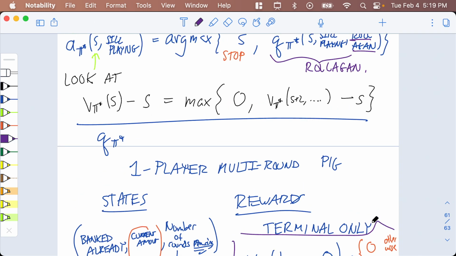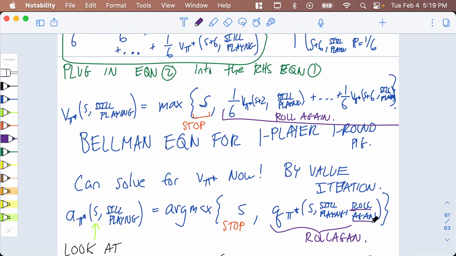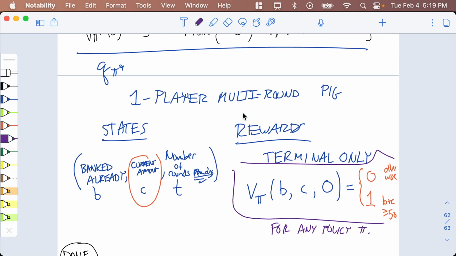It is very similar to the one we did before with S. By making it 0 or 1, the v's, which are expected values, will be the probabilities of winning. So if we set it up like this, v of B, C, T is going to tell us the probability of winning when we have banked B already, our current amount is C, and there's T rounds remaining.